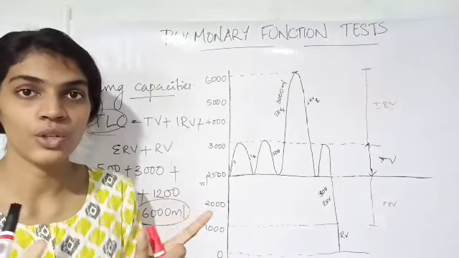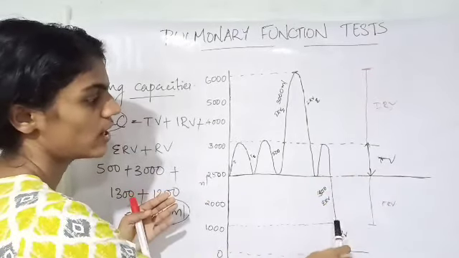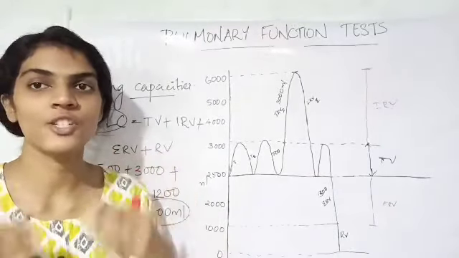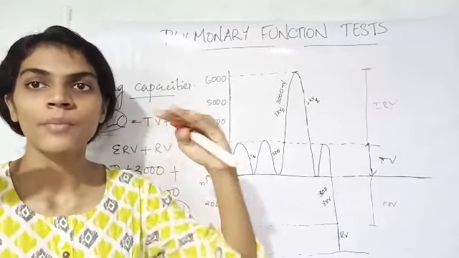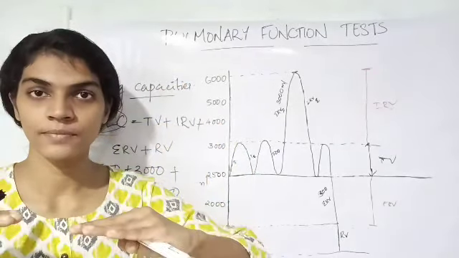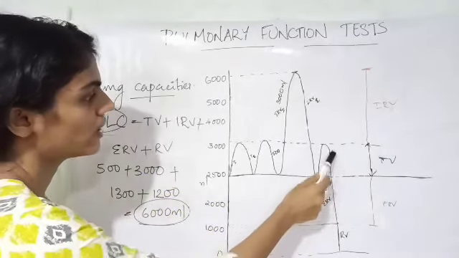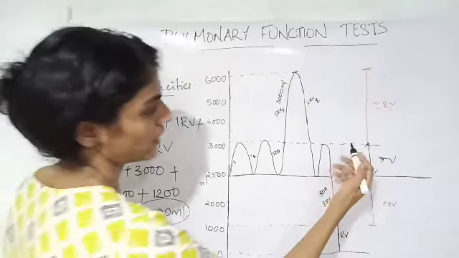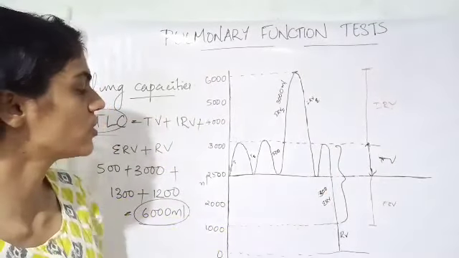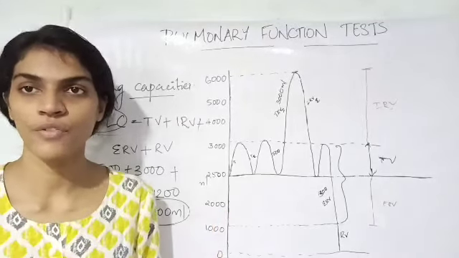For a forceful expiration after an inspiration, from this level you first give out the tidal volume and then you give out the additional volume. So 500 plus 1300, that is 1800 ml that you give out during a forceful expiration.